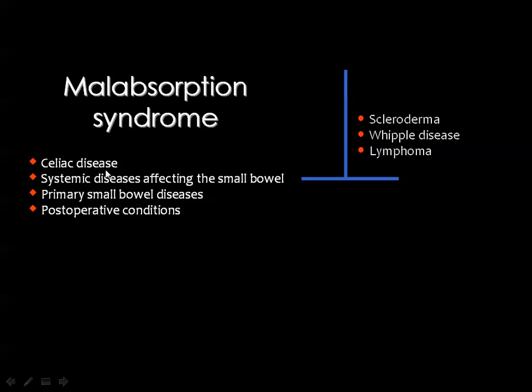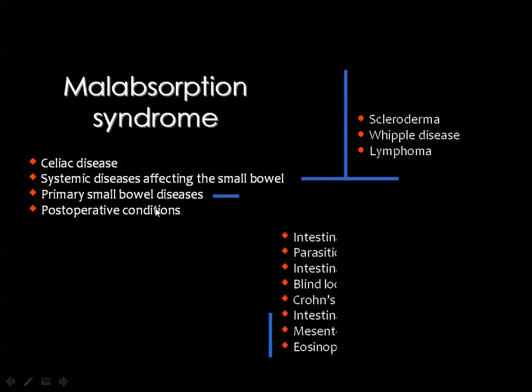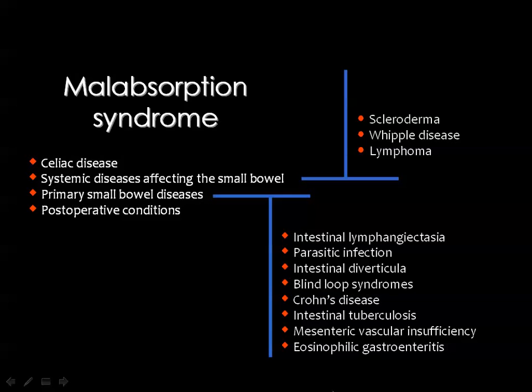Under this malabsorption syndrome, there are many diseases that are included as causes. Number one is celiac disease and the systemic diseases affecting the small bowel, like scleroderma, Whipple disease, and lymphoma. Primary small bowel diseases, and these are a lot of diseases including intestinal lymphangiectasia, parasitic infection, intestinal diverticulitis, blind loop syndrome, Crohn's disease, of course intestinal TB, mesenteric vascular insufficiency, and eosinophilic gastroenteritis.